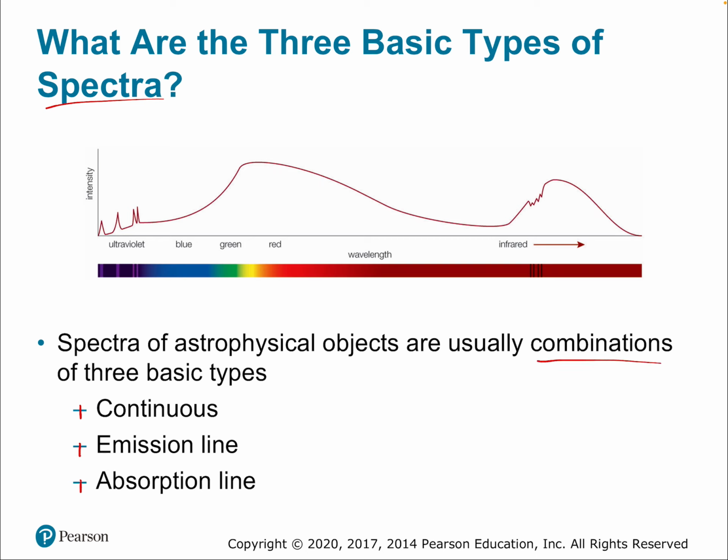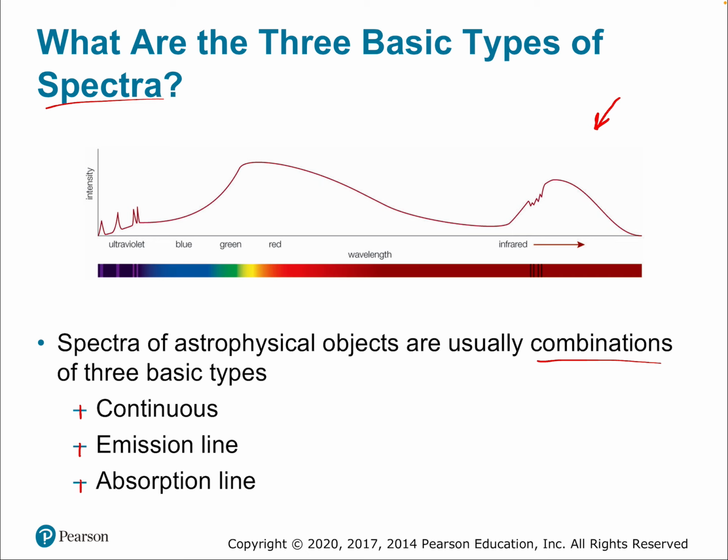There's going to be combinations of signals, light signals, and those light signals will take the forms of the three different spectra. In fact, this figure right up here includes all three of the types of spectra: continuous, emission, and absorption, okay?